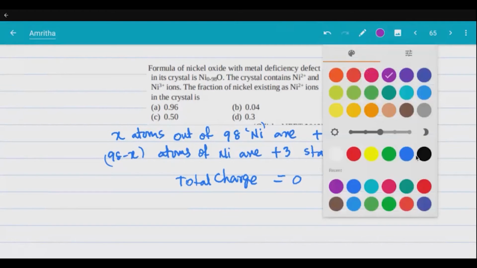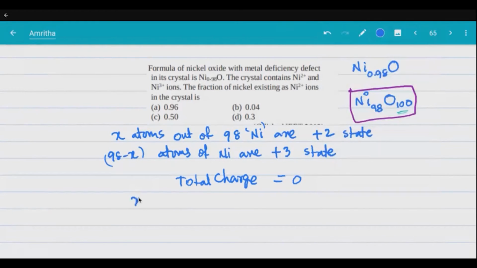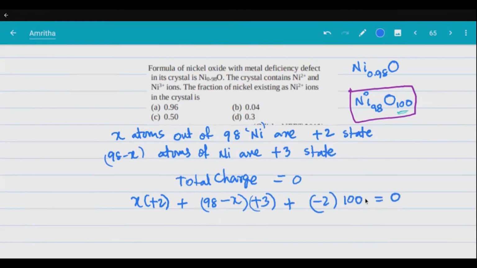So let me write properly. x into plus 2, since x atoms have charge plus 2. So the total charge will be x into plus 2, plus (98 minus x) into plus 3. This is nickel. Plus oxygen is minus 2 charge into 100 atoms, equal to 0.